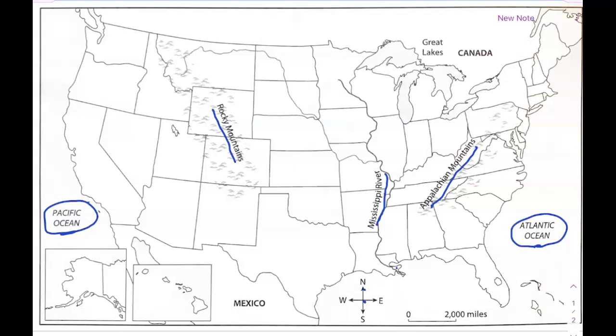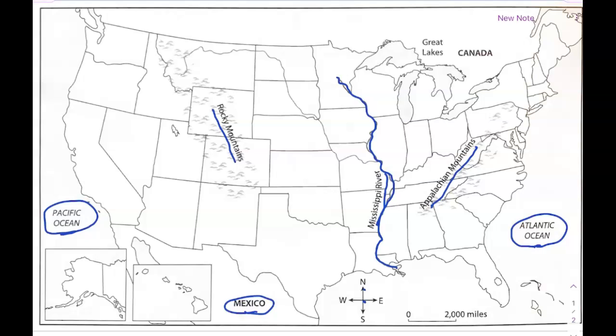The Mississippi River starts down here in the Gulf, and it goes all the way up through the country, basically, right in the middle part of our country. To the south of us is the country of Mexico, and we'll be talking about some important things and landscapes in Mexico after we're done with this.